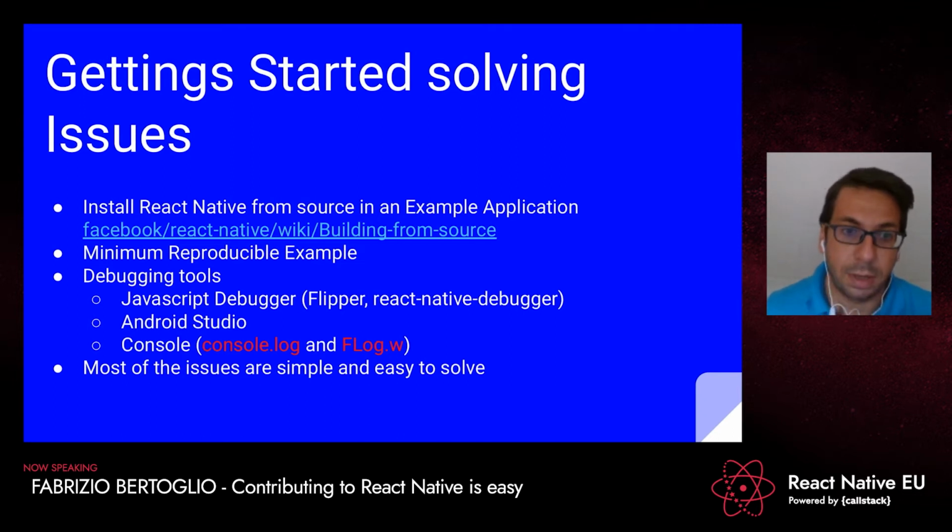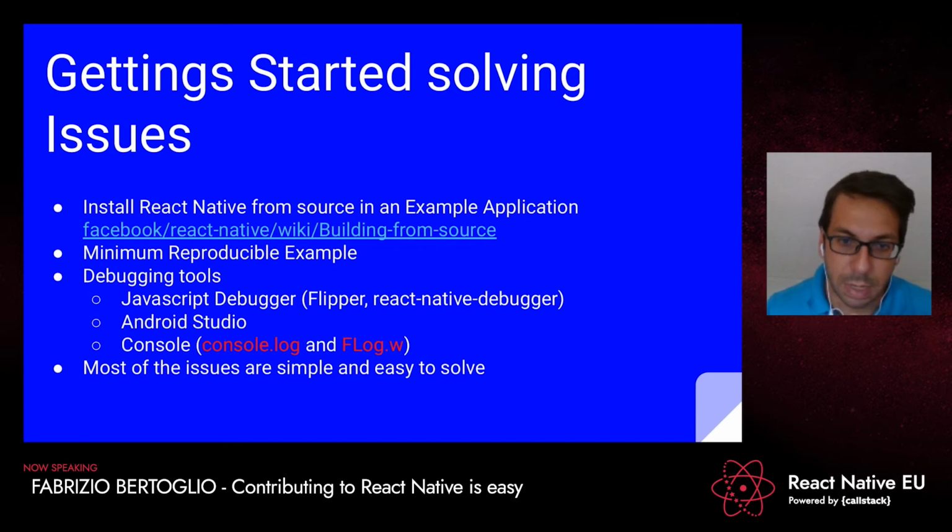And the most important point, I think, is the fourth point. Most of the issues are very simple and easy to solve. Most of them lack a reproducible example, or the reproducible example is not a minimum reproducible example, so there are many functionalities included in that example that distract us from the real reason.